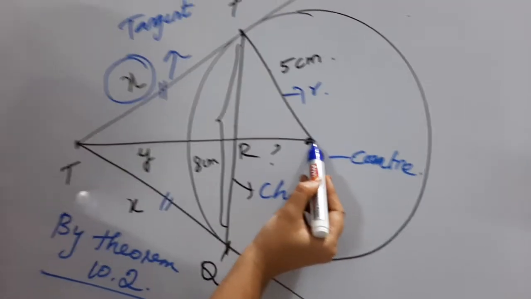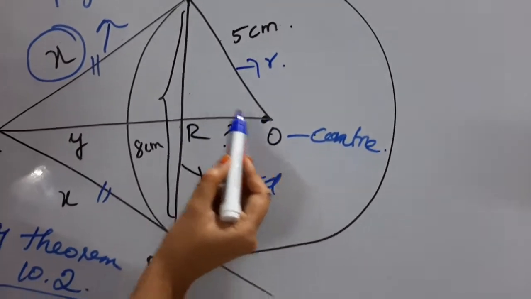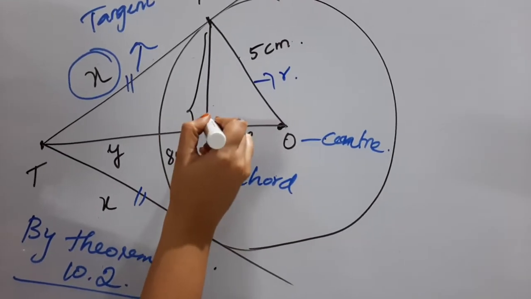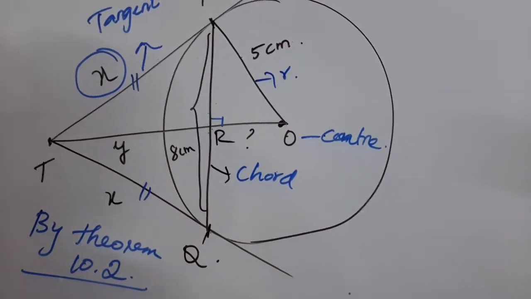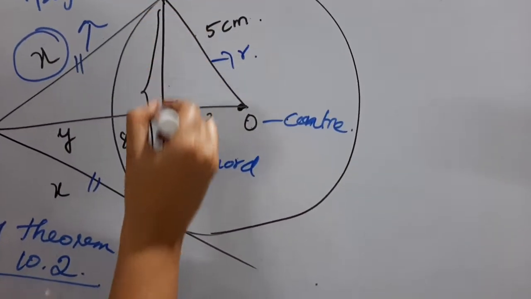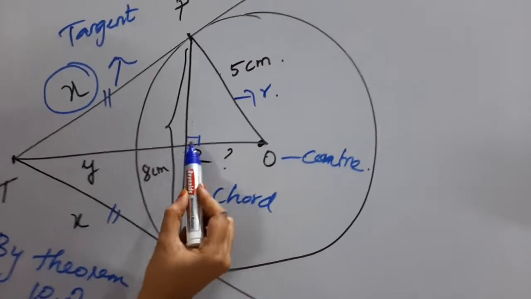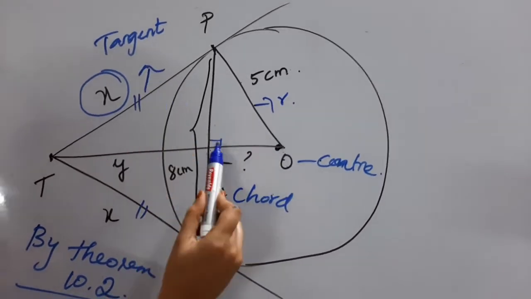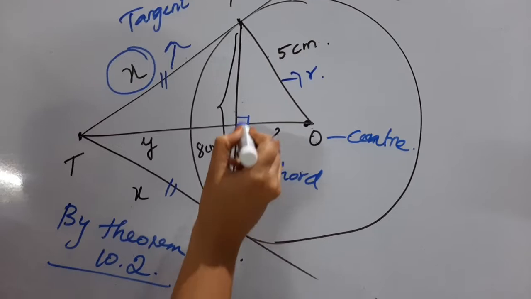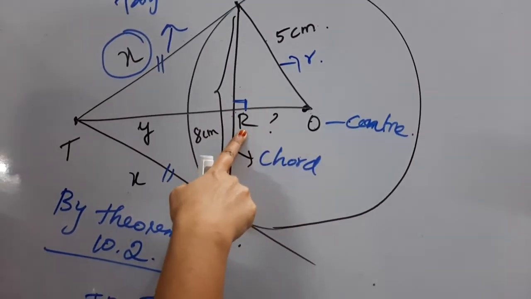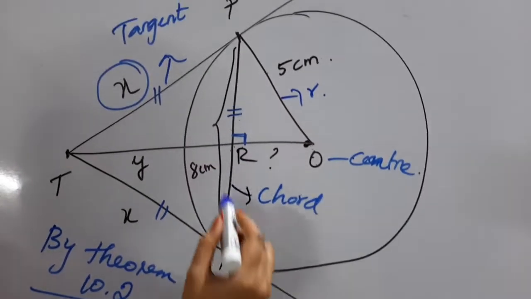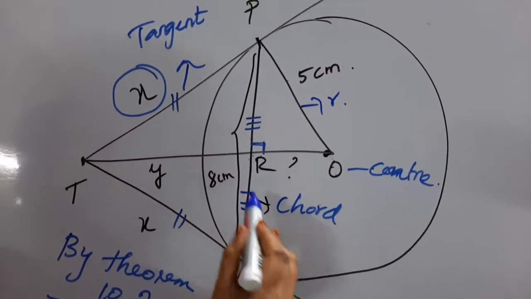From the center of the circle to the chord, if we draw a line segment, that line segment bisects the chord perpendicularly. What does it mean? It makes the angle 90 degrees at R, perpendicular angle, and the measure of PR is equal to the measure of QR.